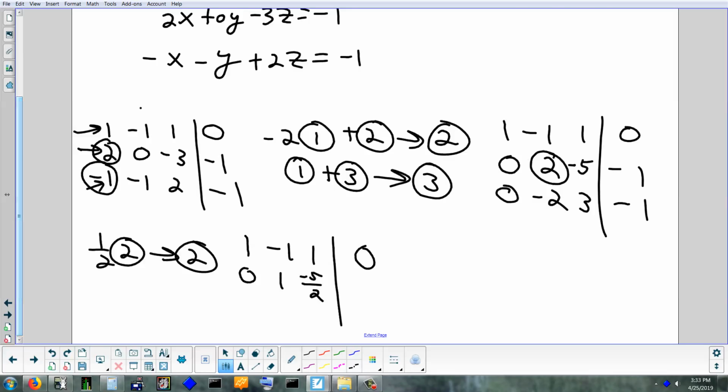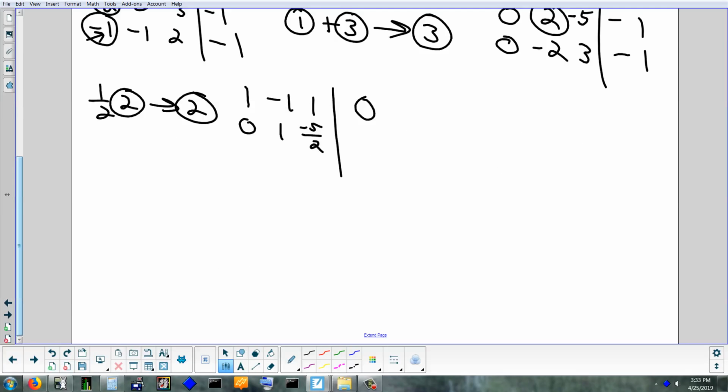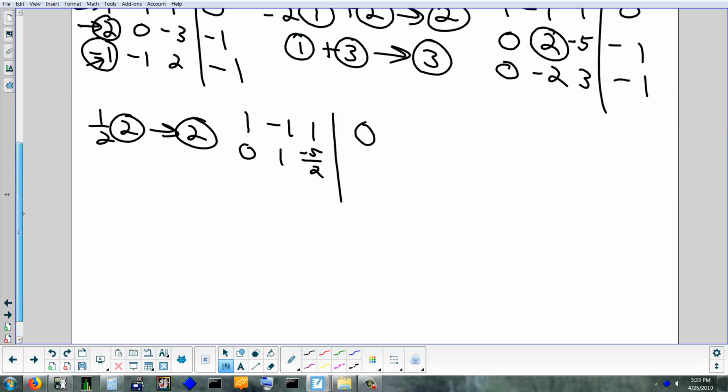And then, wait, negative half. All right, and now what would I do for row 3? Leave it, unless you want to get fancy and try to do 2 things in the same step, but you might get a little lost doing that.